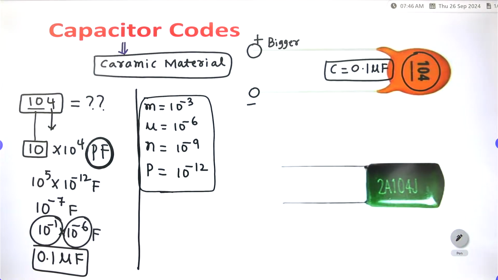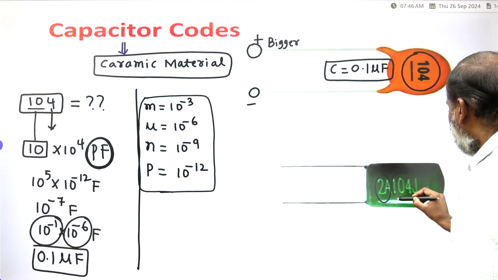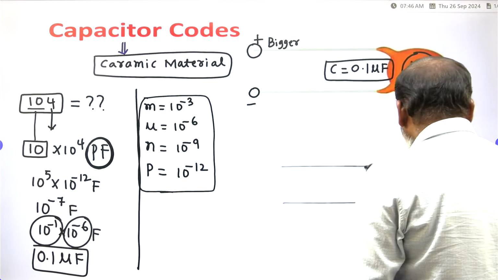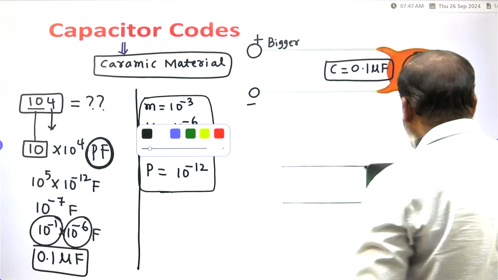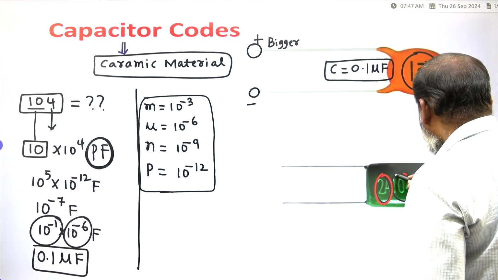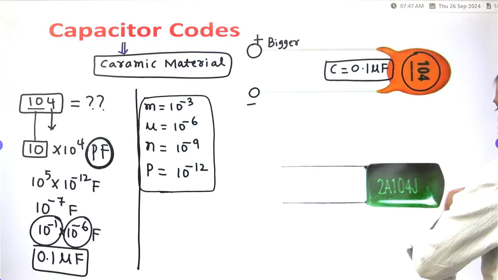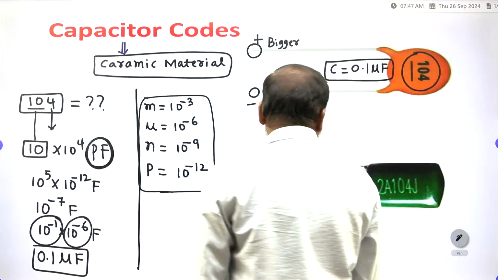Now, not like this, one more variety is there. In this variety, we have 2A 104J. How will it be? It is also the same.